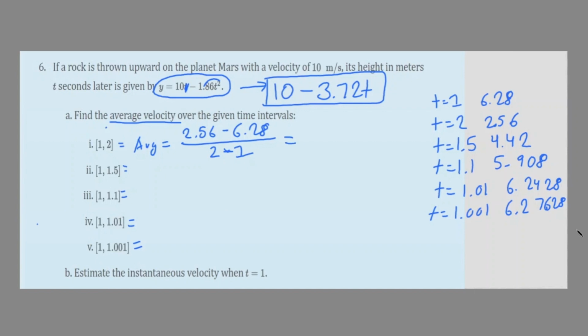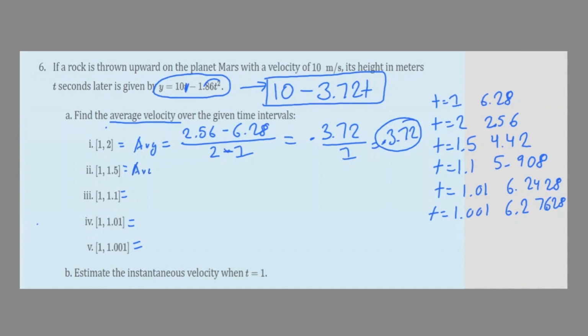So on the top we would get negative 3.72, and then on the bottom would just be 1. So negative 3.72 is the average velocity over that given time interval.